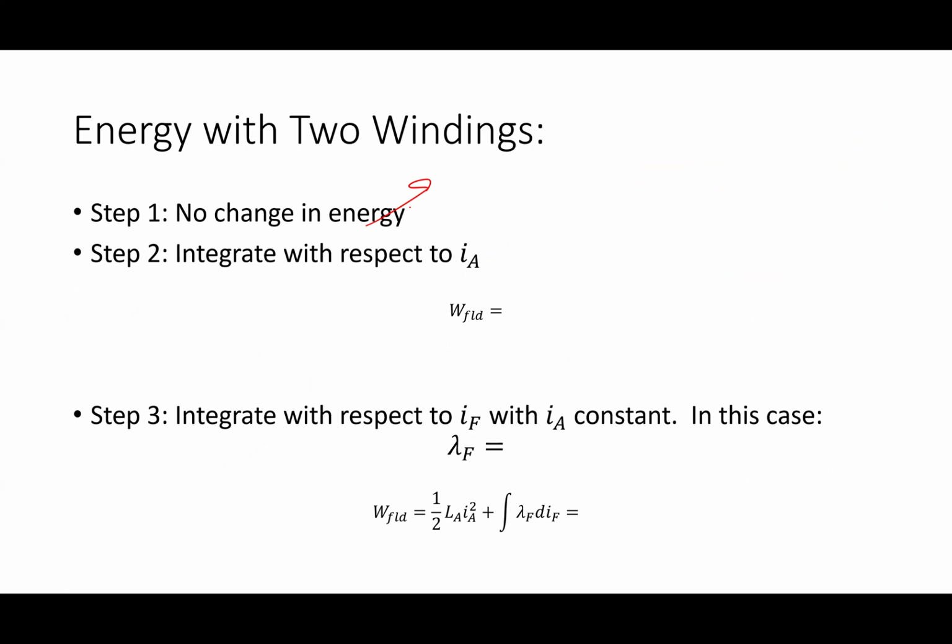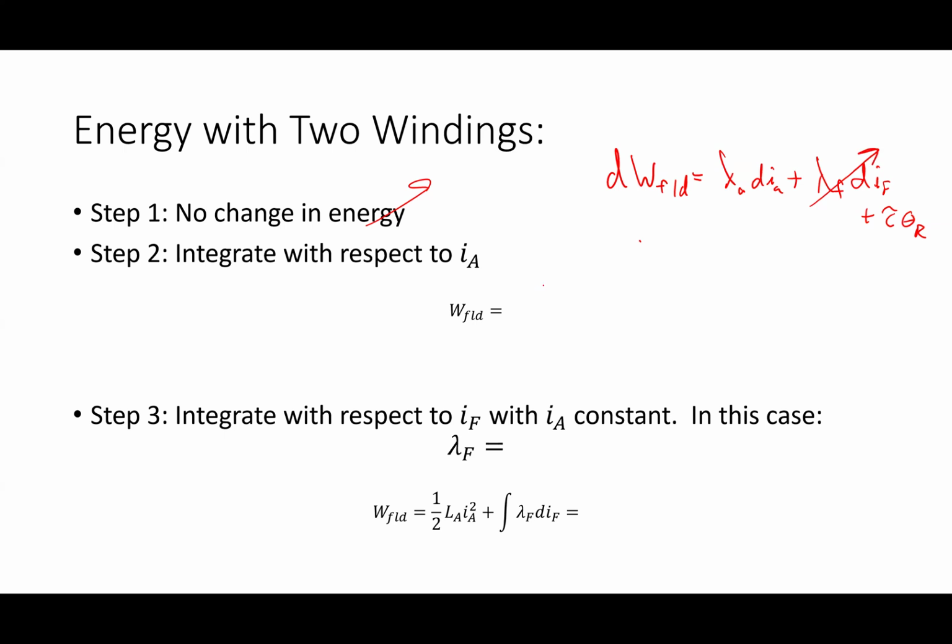Looking at what I had before, let's just write it here. The change in energy, and I know this looks complicated, but it's really not. I have lambda A dIA plus lambda F dIF plus tau d theta R. What we're saying in this step is that this term is equal to 0.